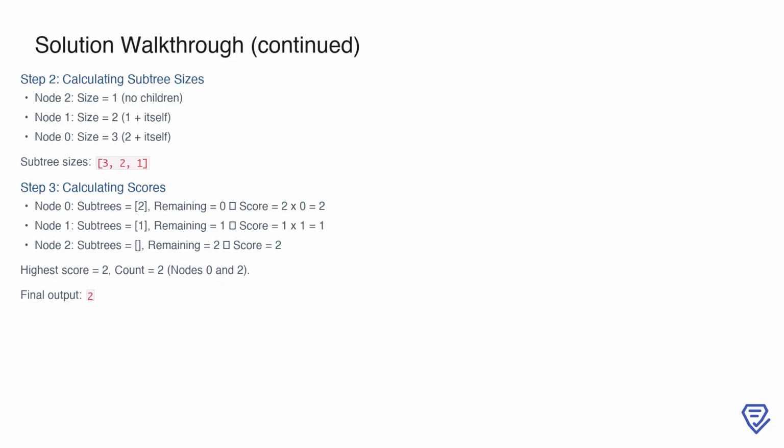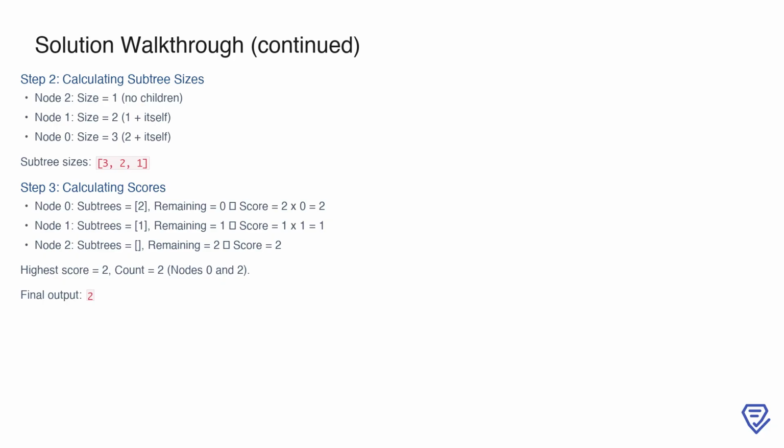In the final example, the tree structure is a straight line. Node 0 is the root and has one child, node 1, which in turn has one child, node 2. Calculating subtree sizes, node 2, being a leaf, has a size of 1. Node 1 has a size of 2, which includes itself and node 2. The root node 0, which includes all nodes, has a size of 3.